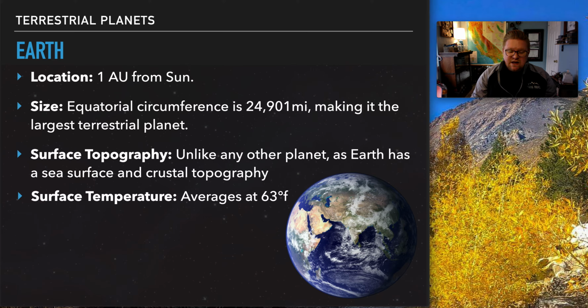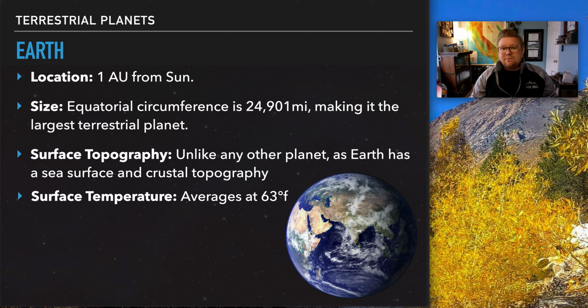We have the hydrosphere, atmosphere, biosphere, and lithosphere. We have all these spheres, and because of that, we're the only planet with observed life. Our average surface temperature is about 63 degrees Fahrenheit, much more habitable.